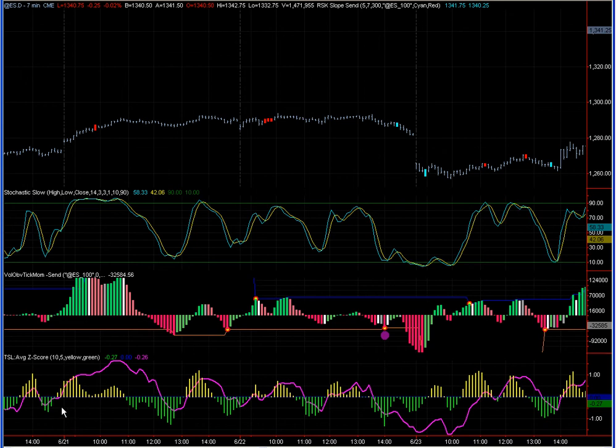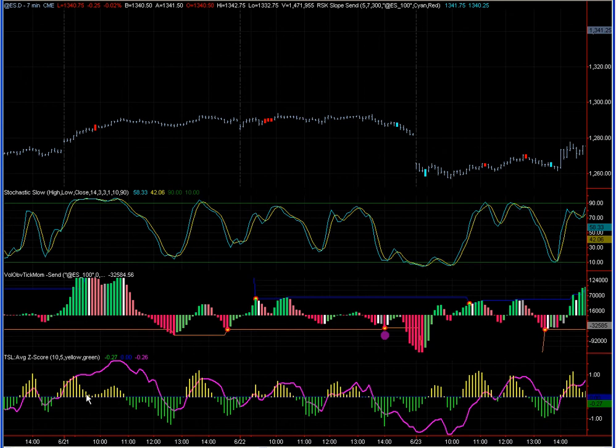When we read the premium using a Z-score, we're particularly interested in the average Z-score, which is represented here by the magenta-colored line. The vertical lines representing a histogram show momentum, but we're not really going to focus on that right now.